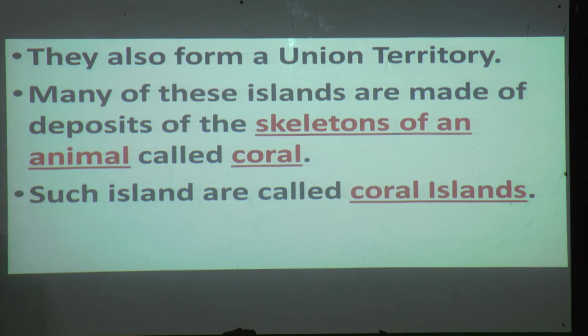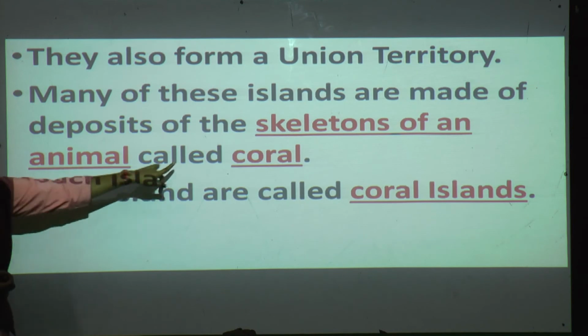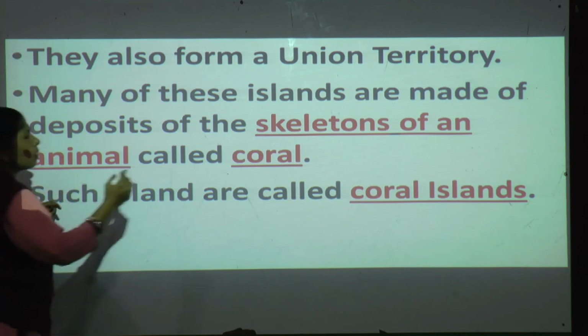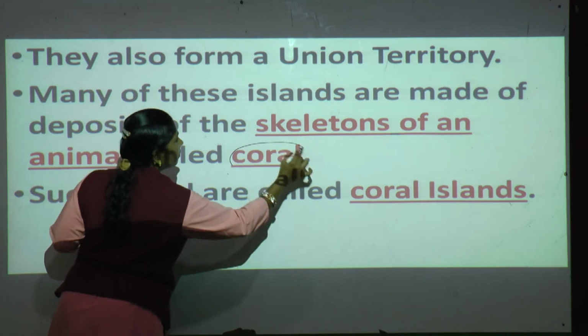As old age comes, they will die, or other animals will catch and kill them. After eating all the flesh, what is left? Yes, it becomes skeletons, the bones of the animals. Those are the skeletons of an animal called coral. So the Lakshadweep Islands are made up of corals.